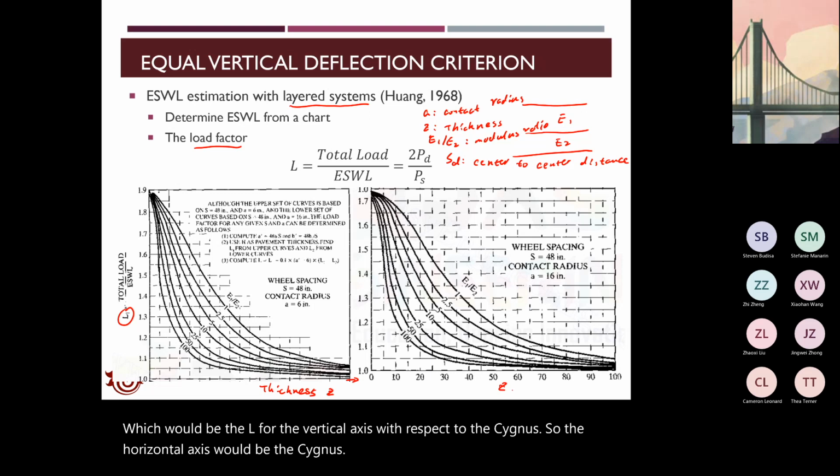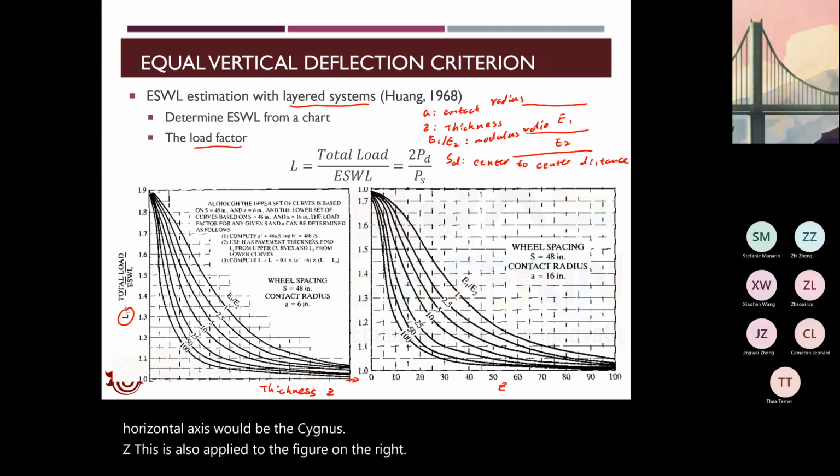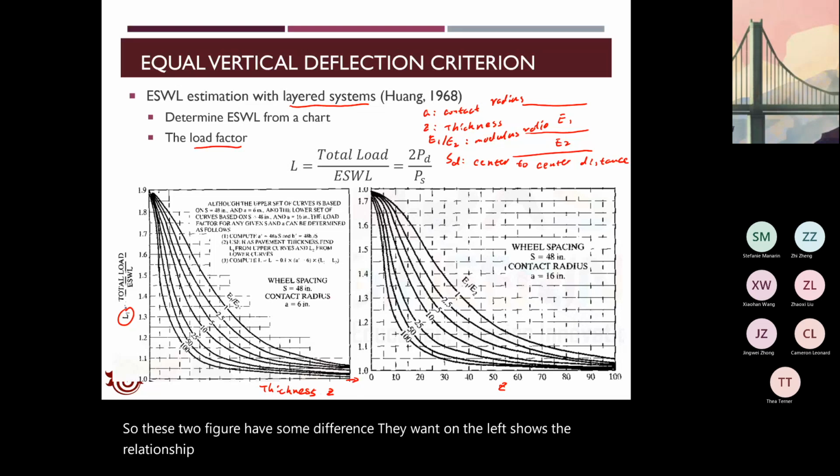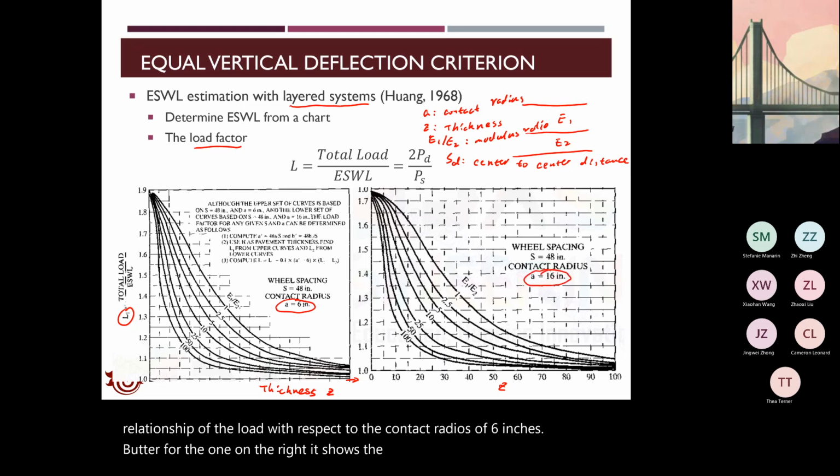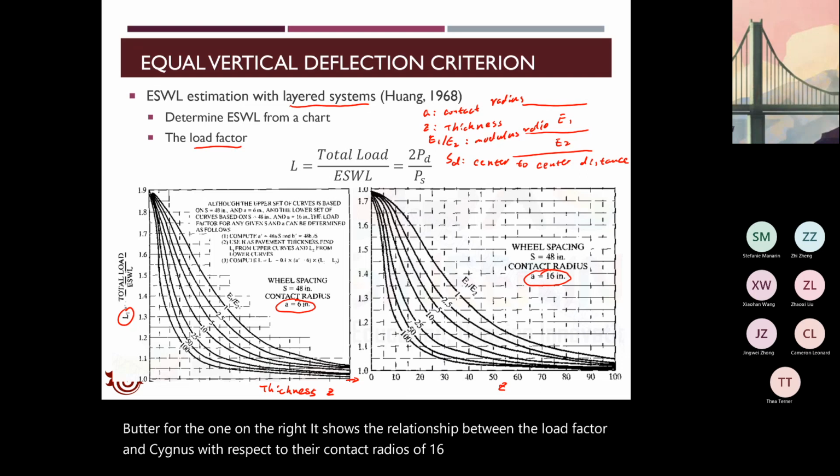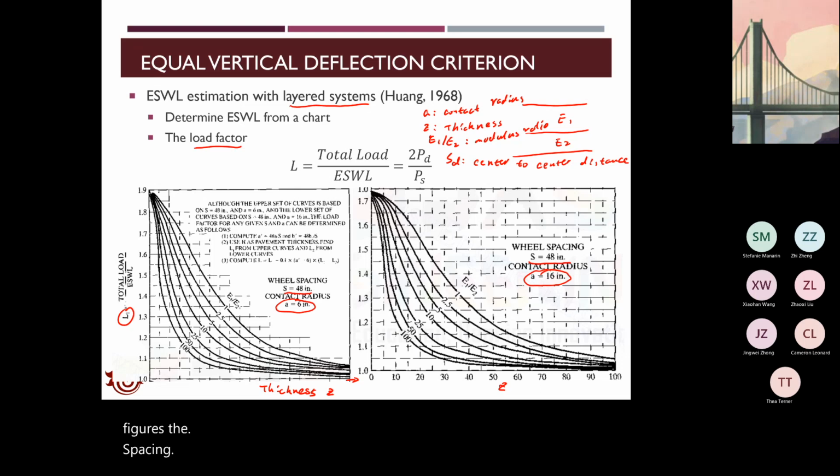The one on the left shows the relationship of the load factor with respect to thickness for a contact radius of 6 inches. The one on the right shows the relationship for a contact radius of 16 inches. And for both figures, the spacing is set as 48 inches.